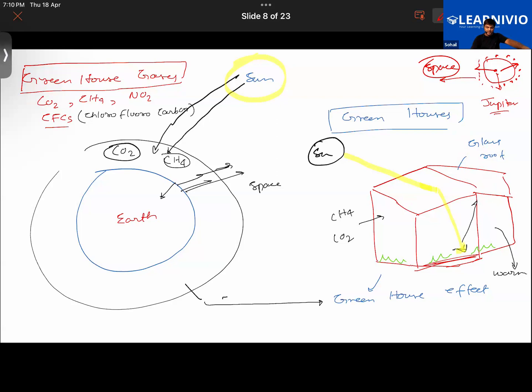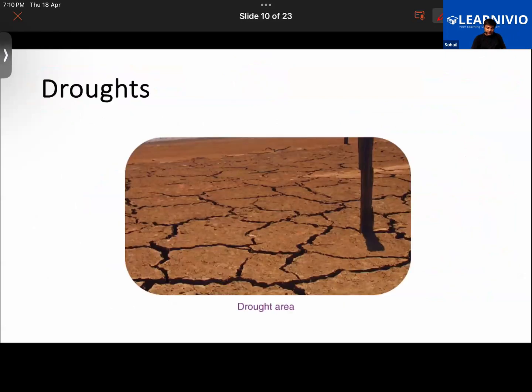Done? Okay. In short, quickly write a definition for greenhouse effect also.